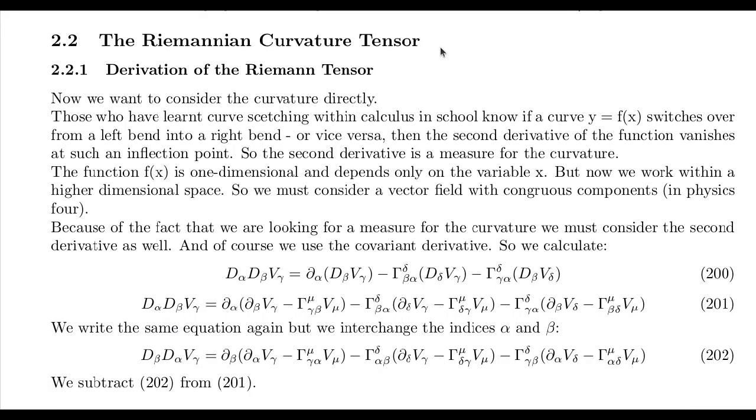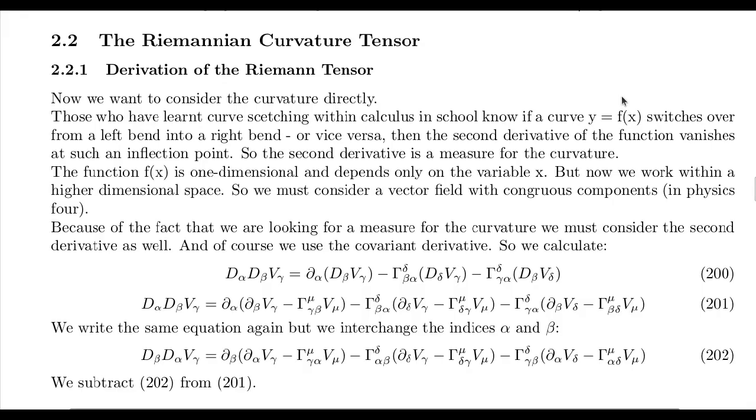Now we want to introduce the Riemannian curvature tensor. We consider now the curvature directly. You should have learned curve sketching within calculus in school, and there you worked with curves y which depend only on one variable x.